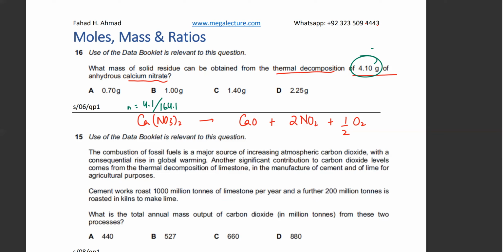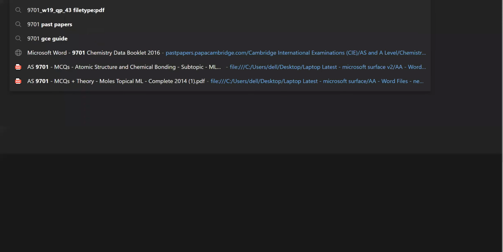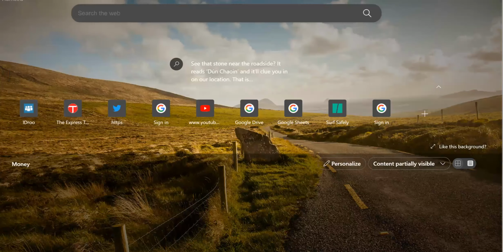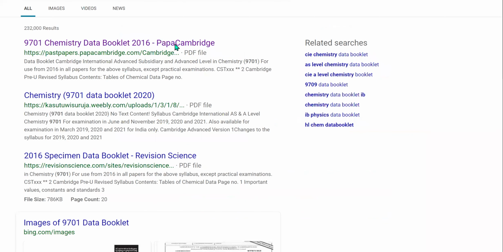And remember, when you're doing MR calculations, just use the data booklet. Also remember, whenever you're doing MR questions, make sure you use the most accurate MR values.